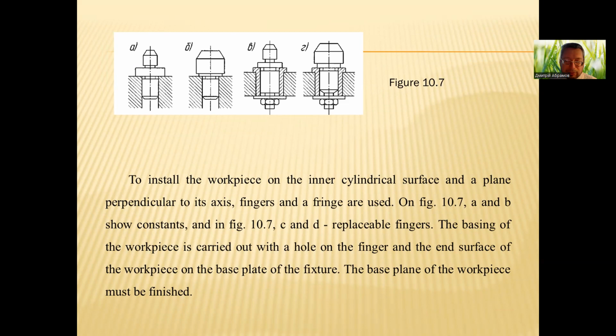The basing of the workpiece is carried out with a hole on the finger and the end surface of the workpiece on the base plate of the fixture. The base plane of the workpiece must be finished. Write down to your notes, A, B, figures 10.7.